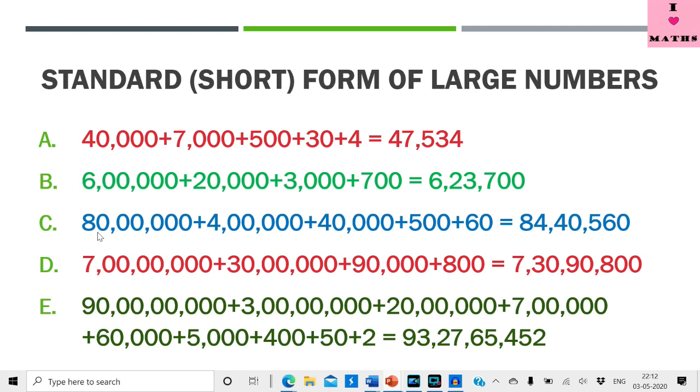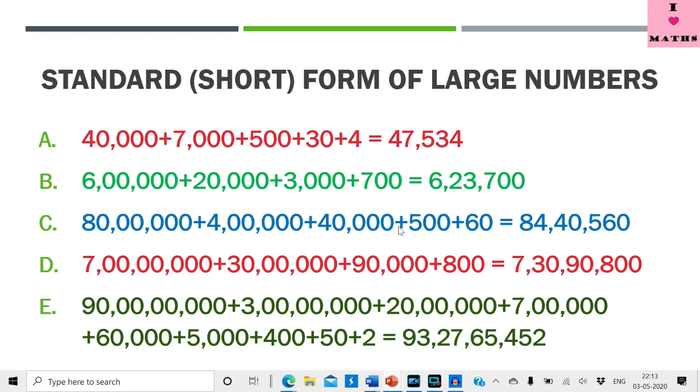Okay, now let us move to the bigger number. This is 80 lakh plus 4 lakh plus 40,000 plus 500 plus 60. So 8 at 10 lakhs place plus 4 at lakhs place plus 4 at 10,000s place.